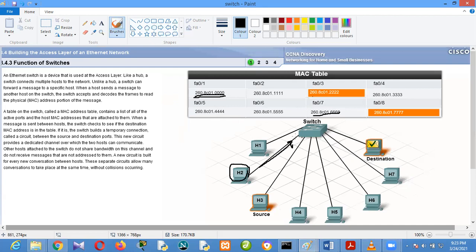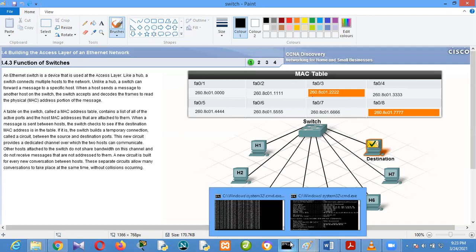So it will just tell H2, oh, H1 is so and so. So the only time the switch will broadcast the message is if the record is blank in the ARP table. You understand?